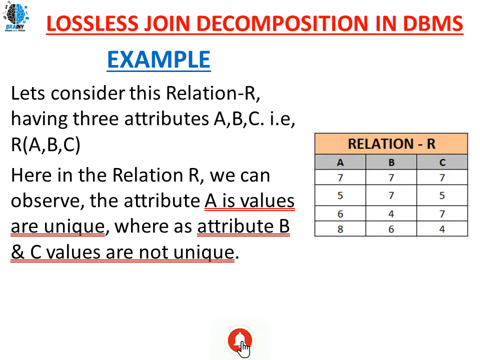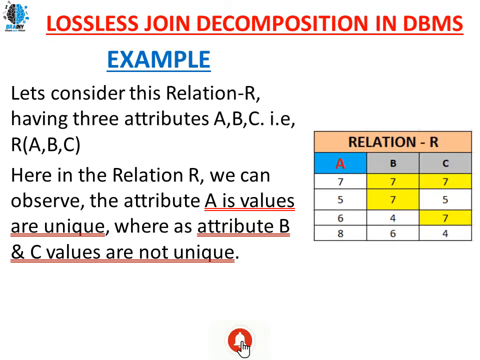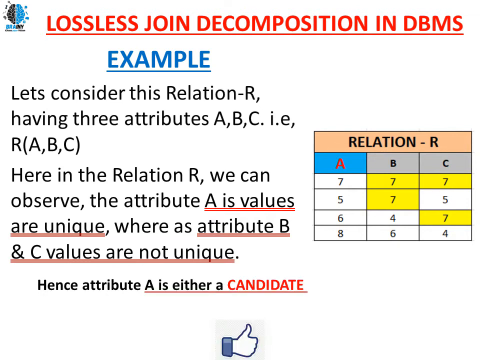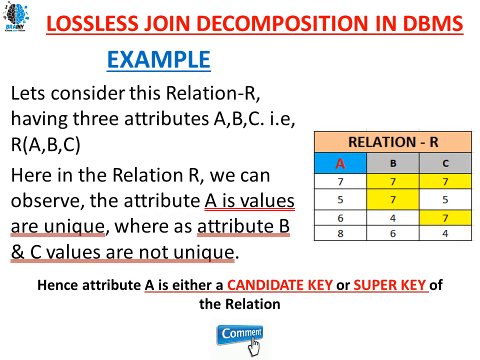Hence attribute A is either a candidate key or a super key of this relation. Easily we can identify that B has a repeated value 77, and C also has a repeated value 77, whereas A has all unique values. So A is either a candidate key or a super key of the relation.